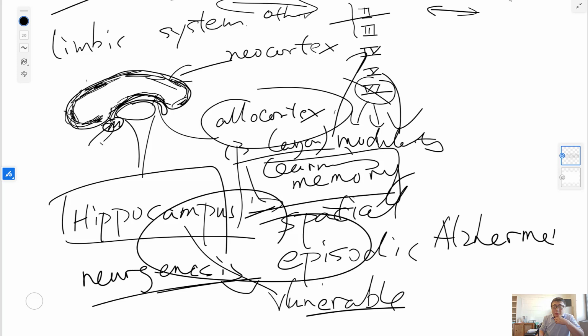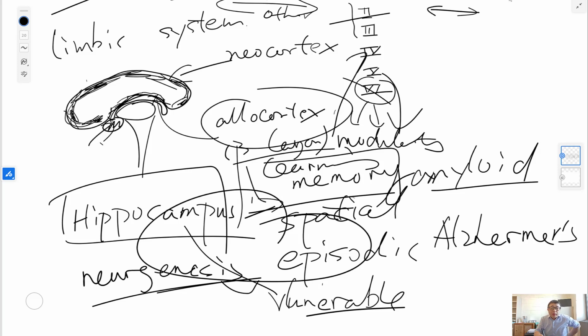Alzheimer's. Alzheimer's disease is a degenerative neural disease. When Alzheimer's disease happens, neurons die gradually in the brain. One hypothesis is that it is caused by accumulation of a toxic protein called amyloid, but it's still controversial.